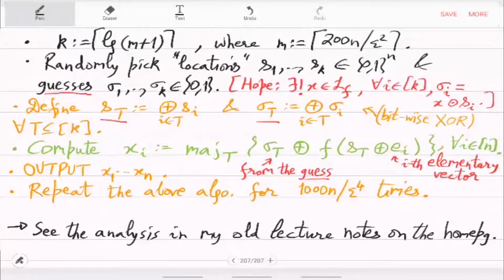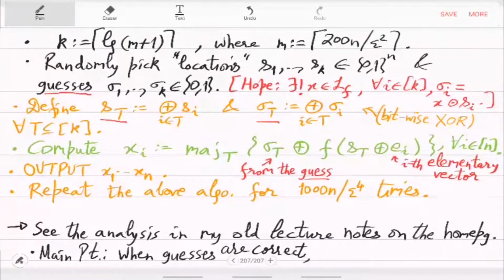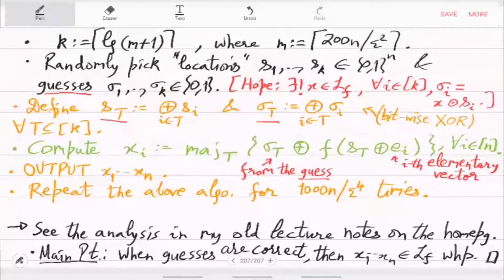The main idea in the analysis would be to show that with the right guess, when sigma 1 to sigma k are correct, then this output is correct. It is in LF with high probability. That is what you have to show, but there will be a lot of probability calculation in this.